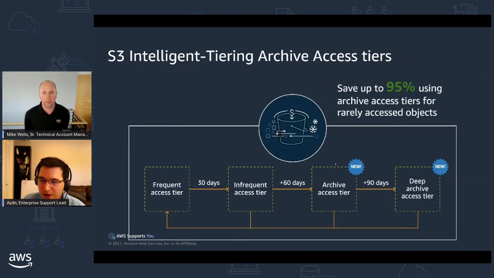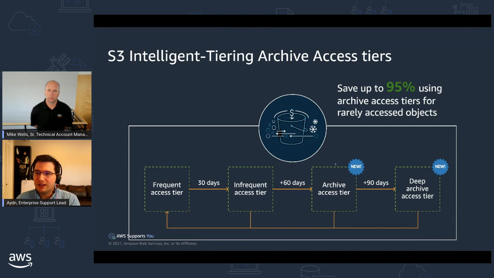Totally. So S3 Intelligent-Tiering Archive Access Tiers was launched in late November 2020, and just a bit more color on S3 Intelligent-Tiering before I jump into that.